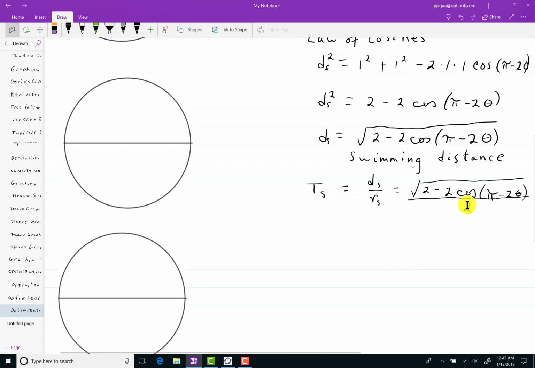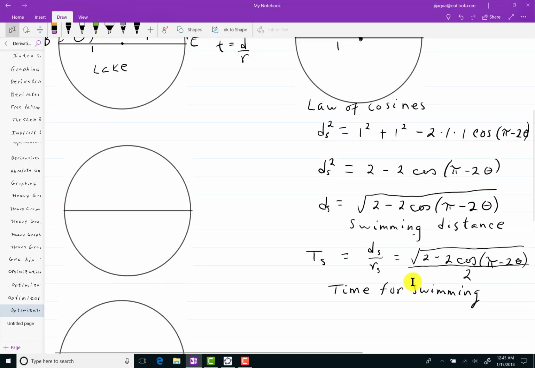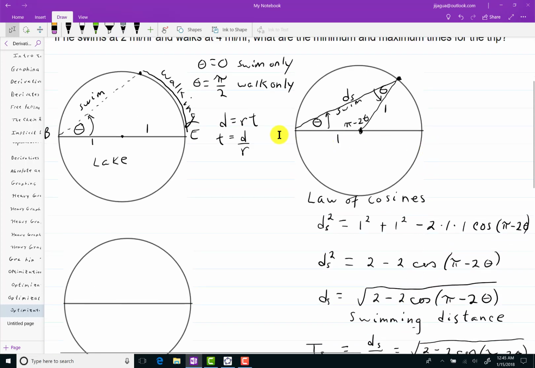So in fact, if you really want to think about it, the time spent swimming is a function of theta. Okay, so that takes care of the time for swimming. All right, that takes care of the swimming portion of it.